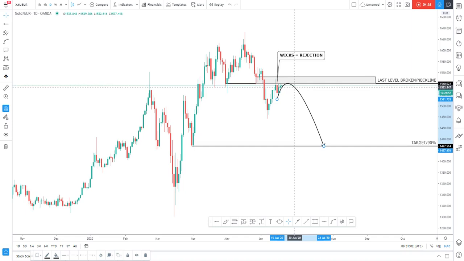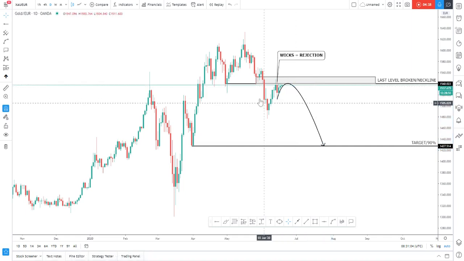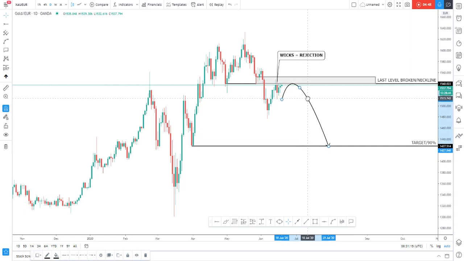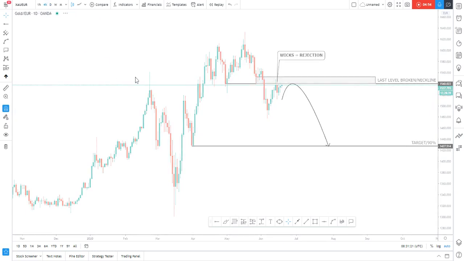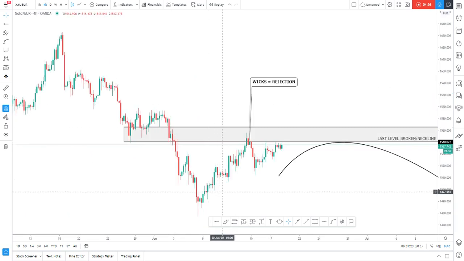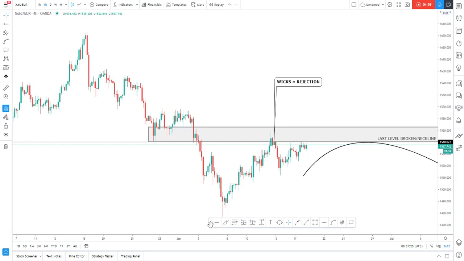So yes, brilliant. Now a retest back to this area of structure, then we'll see a push to the downside. And also, like I said, this is a correction. So knowing that this is a corrective move to the upside, I can go to the 4 hour time frame to mark that out properly.